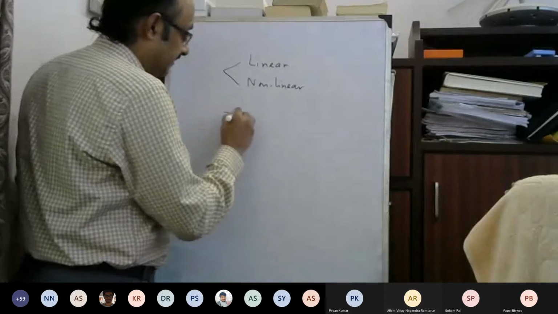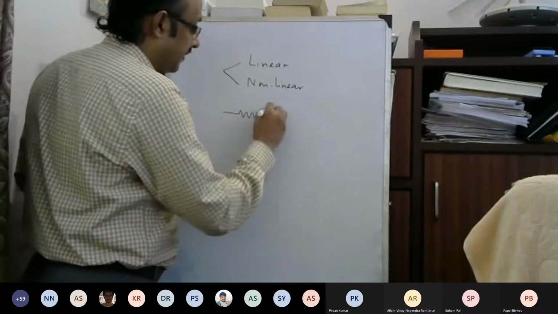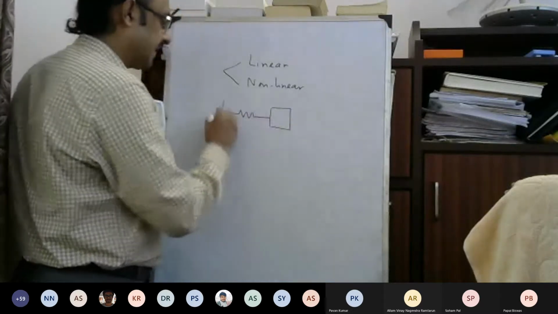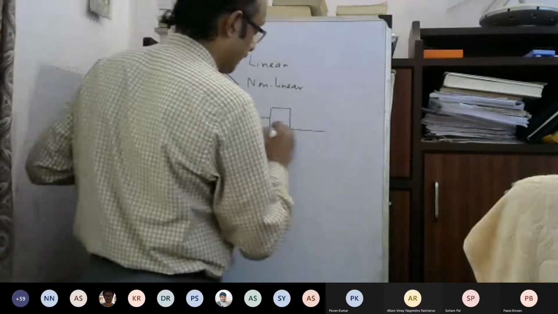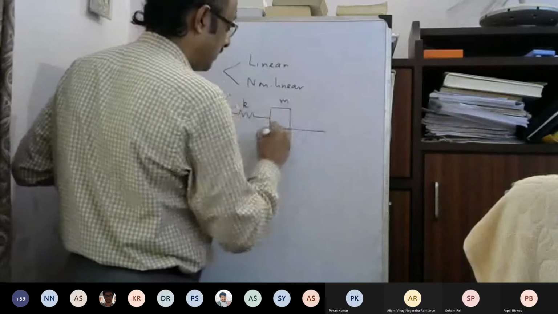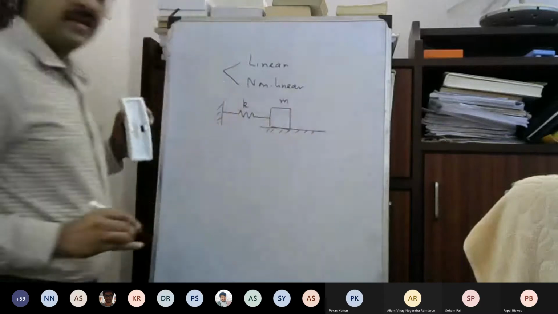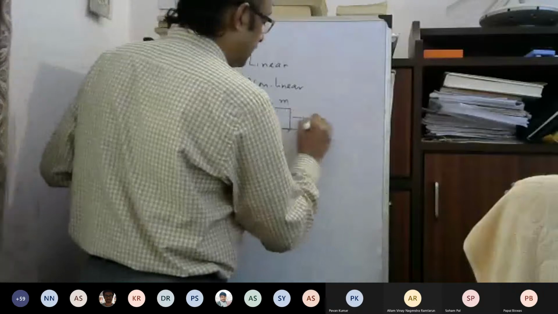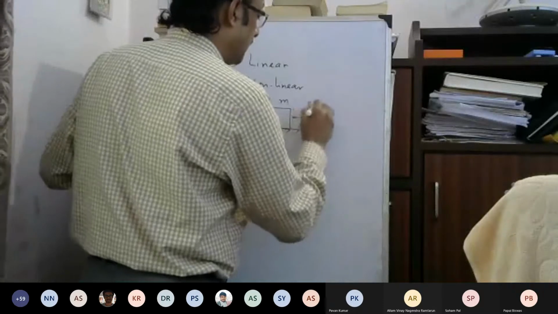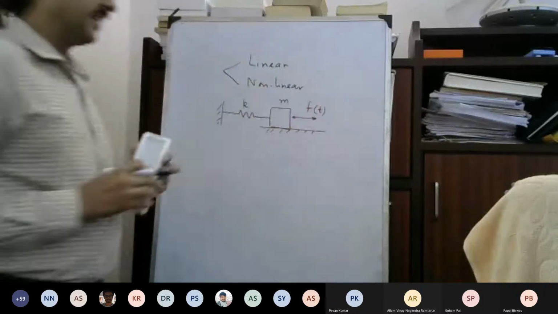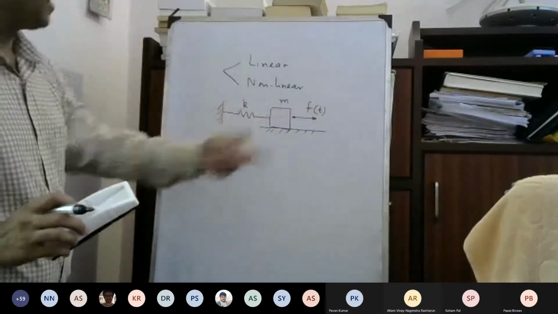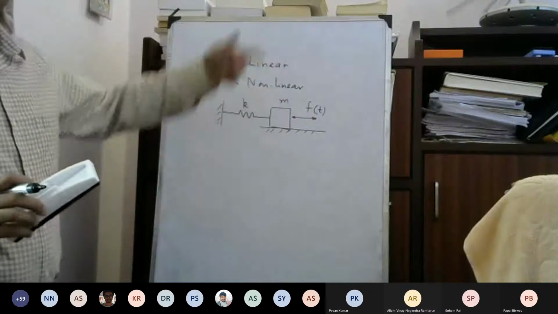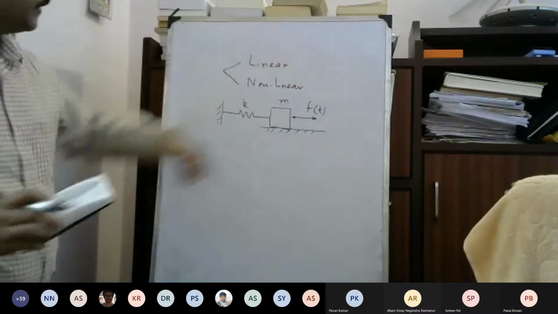Then in this particular situation, we had no forcing. Let us have now a force present on it. So let me name this force as F(t), which is a function of time. So a time varying force is actually acting on that.